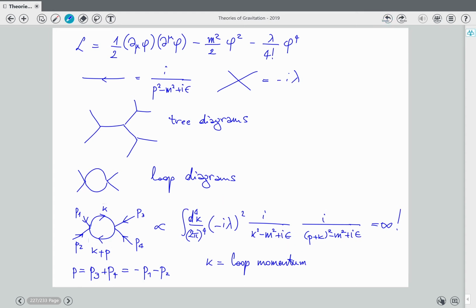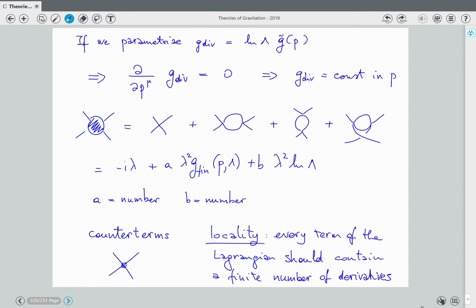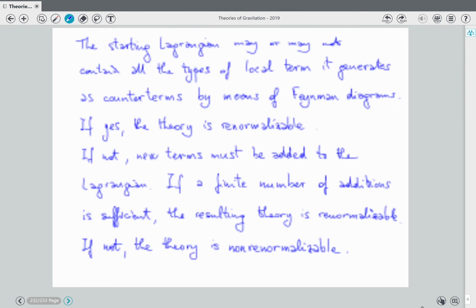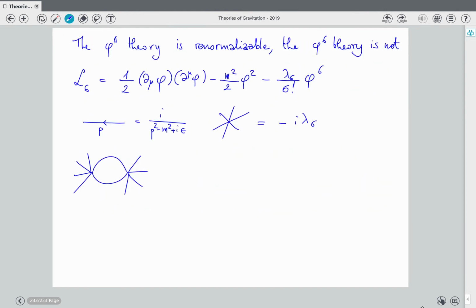We know already what the divergent part of this integral is, so if you want to compute the divergent part of that, it will be a constant, a logarithm, independent of the momenta. That's fine, it's local, times a certain number, c.